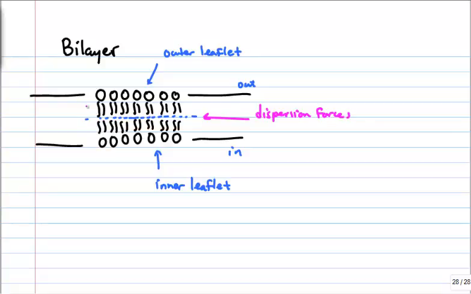And this whole area right there is highly nonpolar. So it does not allow polar molecules and ions, things that have charge, to freely cross the membrane, the bilayer. Things that are more nonpolar are more likely to cross by itself.